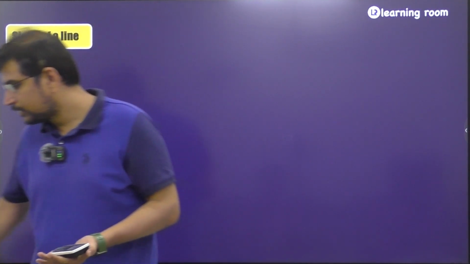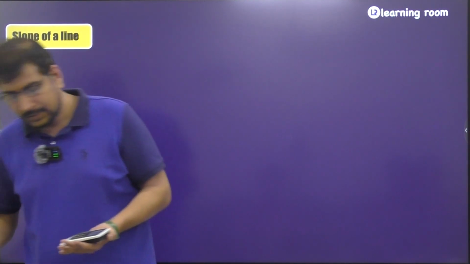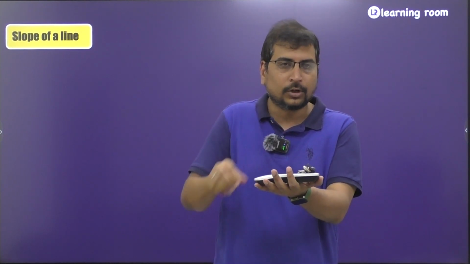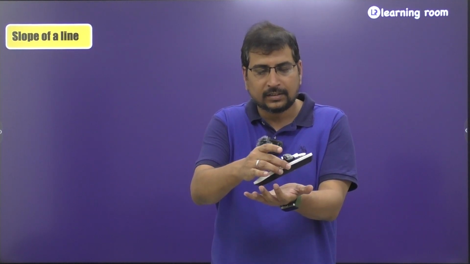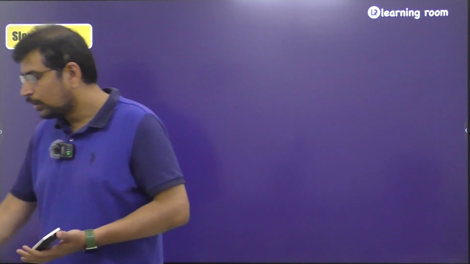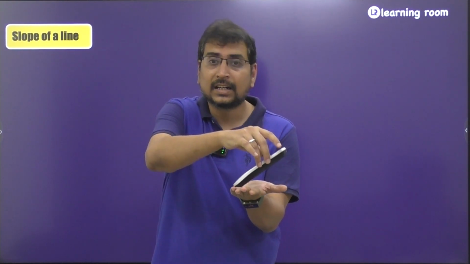If I take this key and keep it on top of the horizontal surface, it is going to rest. Whereas if I try to bend it like this, it is sliding, because in the first scenario it was flat, whereas in the second scenario it is inclined.